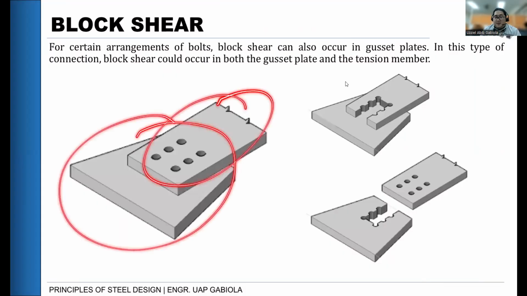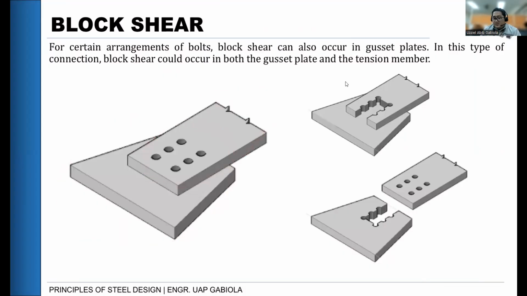Ang possible na mangyari is yung una, yung tension member yung matapyasan ng portion. Ibig sabihin, ito yung matatanggal, yung tension member natin yung matatanggal kasi napunit dito no? Or the other scenario is, sasama yung portion ng gusset plate dun sa tension member natin once na nag-fail siya. So, we need to consider both of them when we have this type of connection.